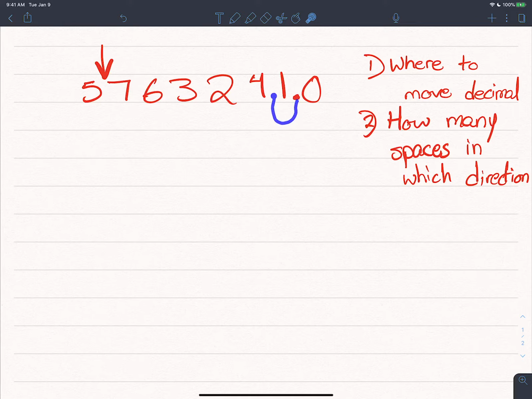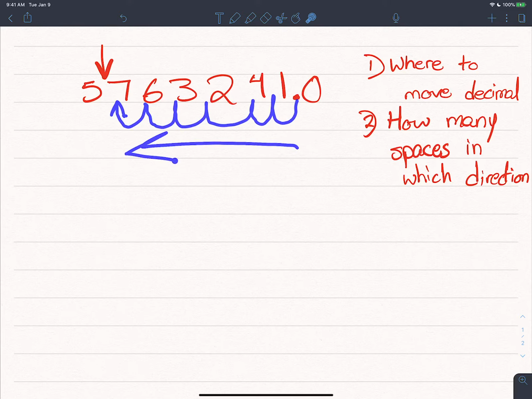We're gonna go 1, 2, 3, 4, 5, and 6 spaces. So we're going 6 spaces. And in which direction are we going, to the left or to the right? The left. 6 spaces to the left, exactly. So that's the question.